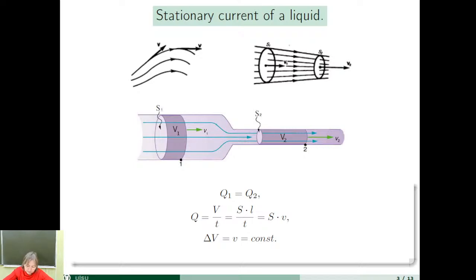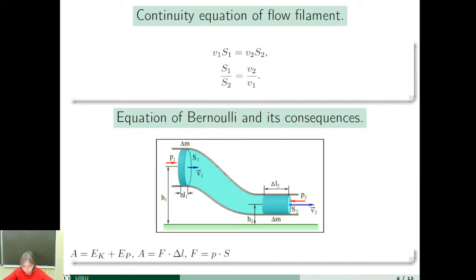Since at continuous current through any section for the same time pass identical volumes of incompressible liquid, then v1 multiplied by S1 is equal to v2 multiplied by S2.